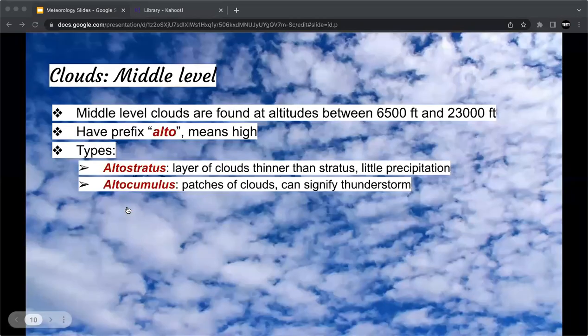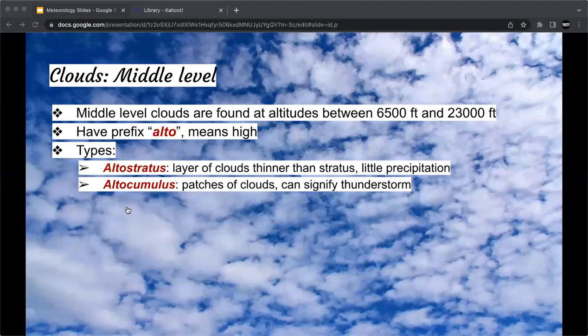Okay, the middle level clouds. These clouds are found just above the low level clouds, at 6,500 feet, and up to around 23,000 feet. These all have the prefix alto, which means high in Latin, so these are relatively high in the atmosphere.